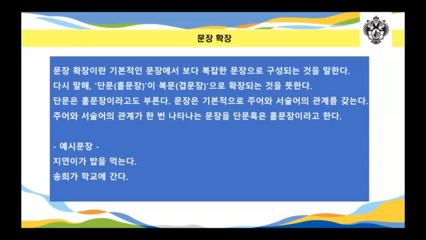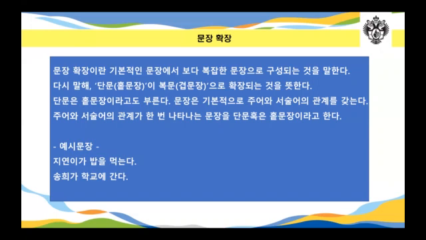Simple sentences, 홑문장, are also called single sentences. A single sentence basically has a relationship between a subject and predicate. A sentence in which the relationship between the subject and predicate appears one time is called a simple sentence or single sentence, 홑문장, 단문.